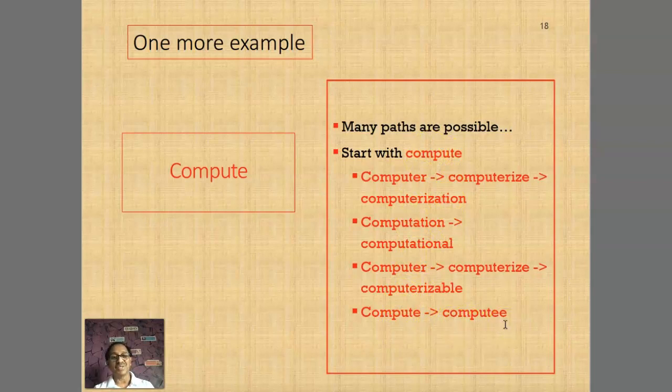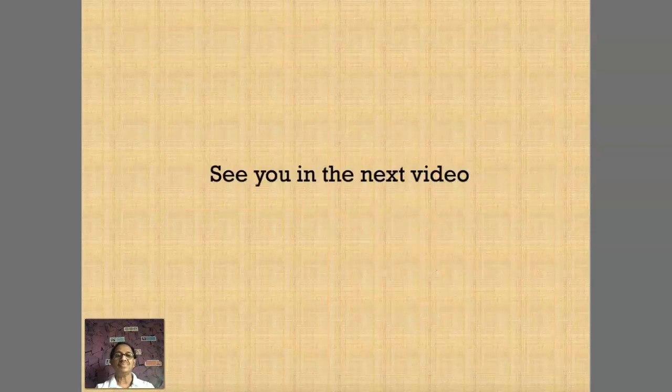Right? What is computed is the computee, a noun. It's a verb to noun. So if you have a word, from that word there can be several paths to get different words. Can you see the advantage of not listing all the words? It's listing only stems and the rules to derive words in the lexicon.